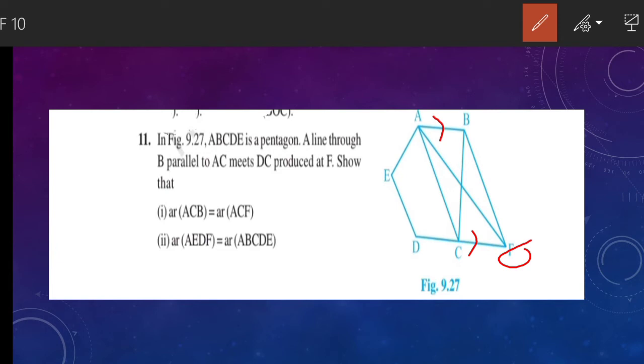We have to show that triangle ACB is equal to triangle ACF and the area of parallelogram AEDF is equal to the area of the pentagon, that is ABCDE.